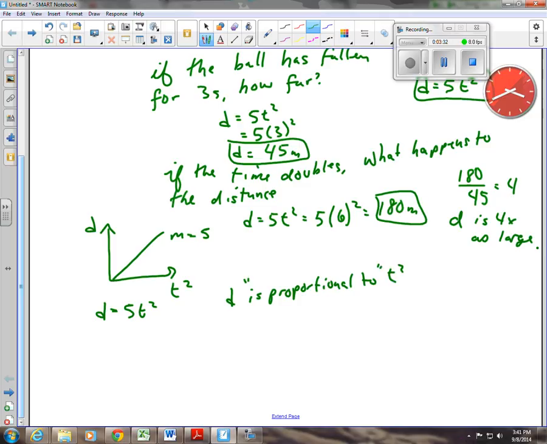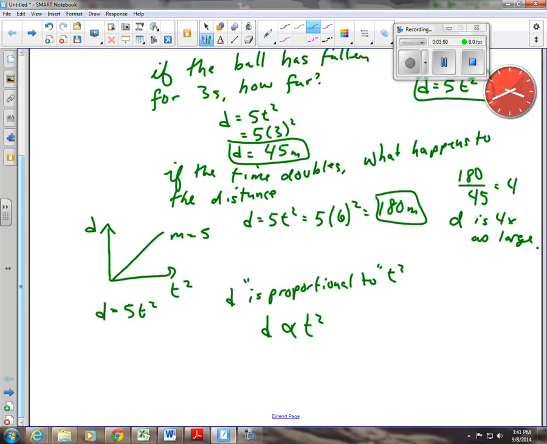One thing, if it's proportional, it's going to make a straight line. So d and t squared make a straight line. You can write it like this. D is proportional to t squared. This little symbol here looks like a fish swimming to the left. It's the Greek letter alpha, and it stands for is proportional to.